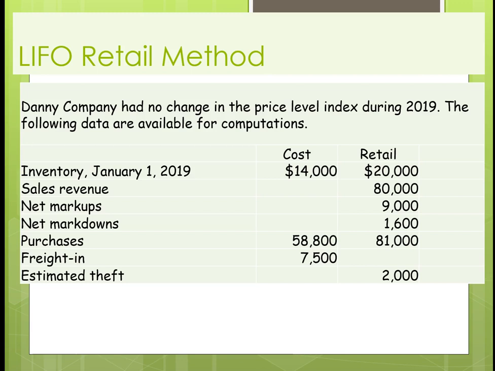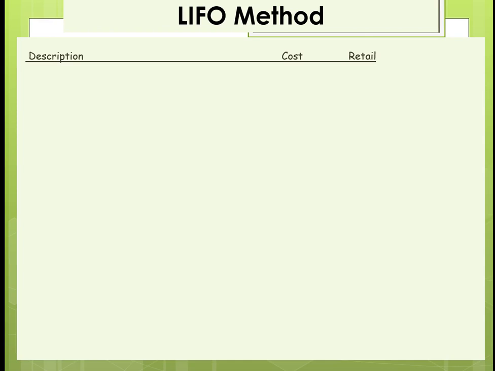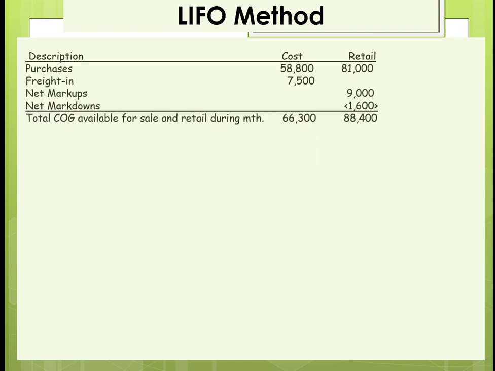All right, here is an example. These are our price level indexes. And now we're going to go through them. So first we start with our transactions during the month, and that gives you your total cost available for sale during the month, and we're going to use that to come up with our layer percentage.